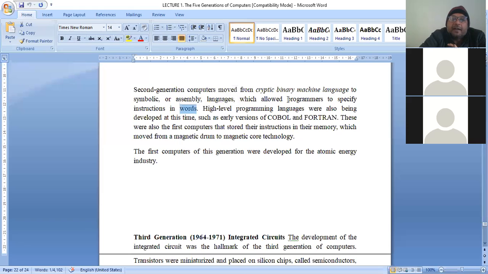But in the second generation the computer used assembly language. That means we can write the program, like move A to B, whatever, in words. High level languages like COBOL and Fortran were also developed during that time.